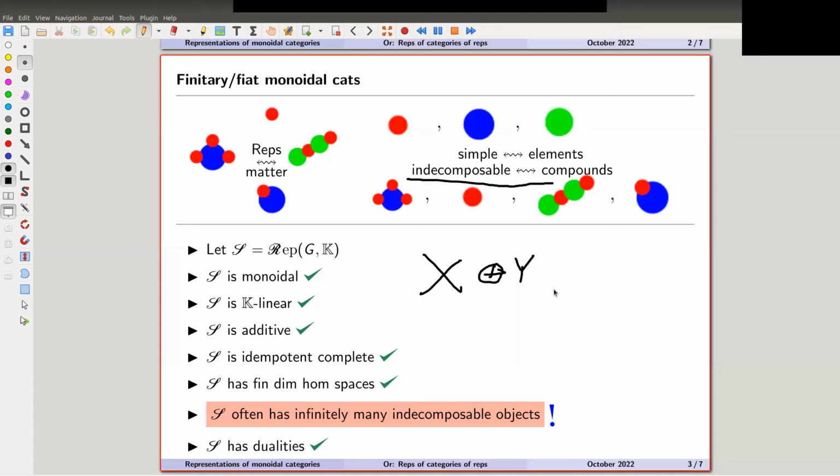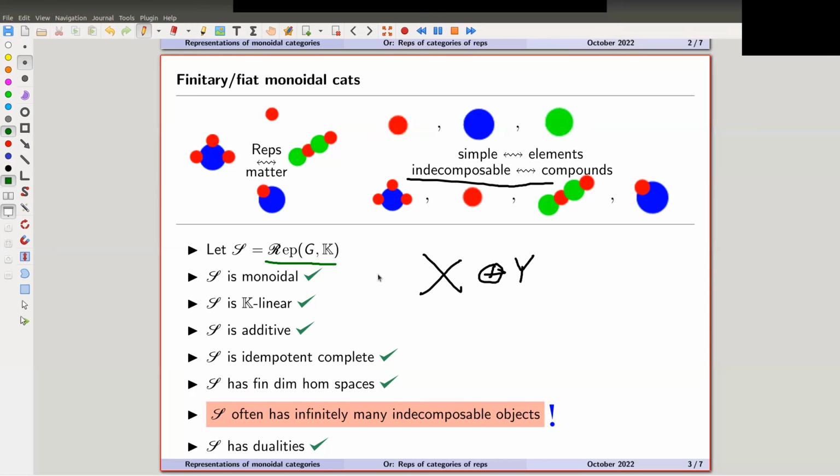Okay, so let's have a look at an example. Our good old friend Rep G over some field. So just representations. G is always a finite group in this talk. So representations of a finite group over some fixed field. That's monoidal. You can tensor representations. Fancy language: the group ring is a Hopf algebra, right? So you can tensor representations of groups.